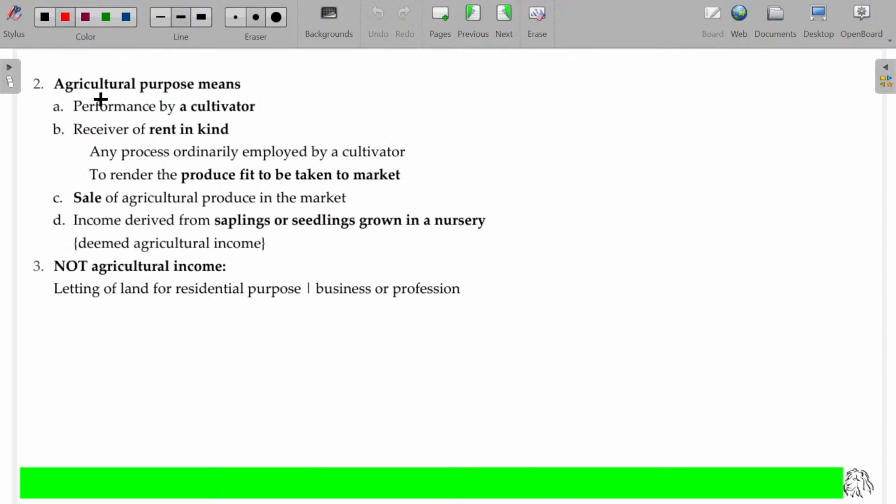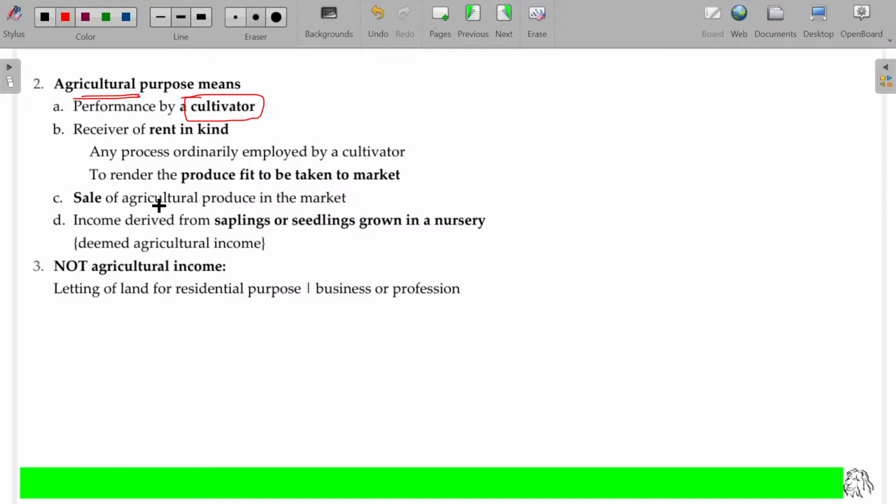And what is called agricultural purpose? You need to use this for your agriculture purpose. You should be a cultivator. Whatever the activity taken by the cultivator should be performed there, and he can allow somebody else to cultivate and process everything. He does it on his own, and for that purpose we have given the license to use it.